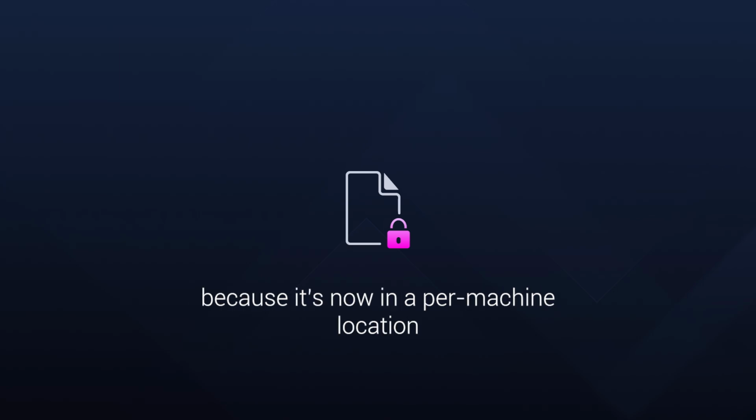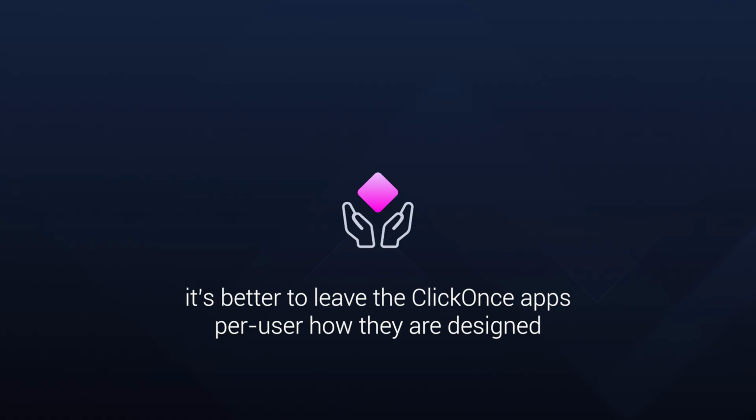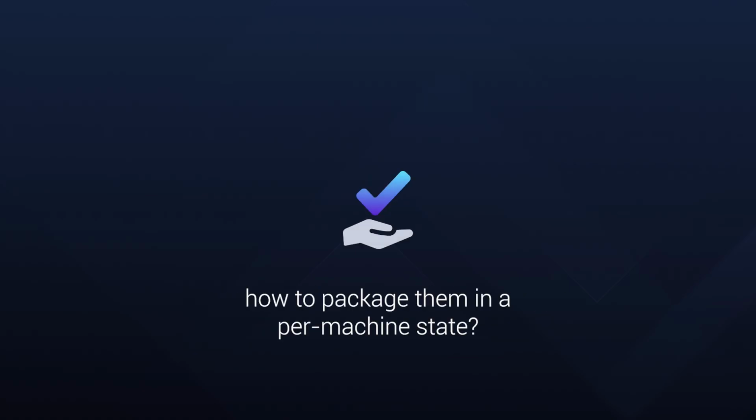As best practice, it's better to leave ClickOnce applications per-user, how they are designed. However, we are only going to tackle how to package them in a, let's say, per-machine state. I will show you in a minute how that looks, which makes it a little easier for you to deploy in your infrastructure.